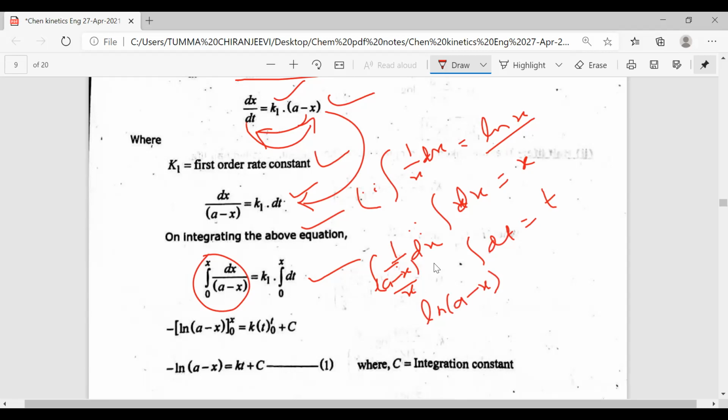If only x is present, then it is no problem, but in the place of x another function, a minus x, is there. If it is like this, you can do the derivative after the integration. So log 1 by x, here in the place of x, a minus x is there, then do the derivative for the whole a minus x.